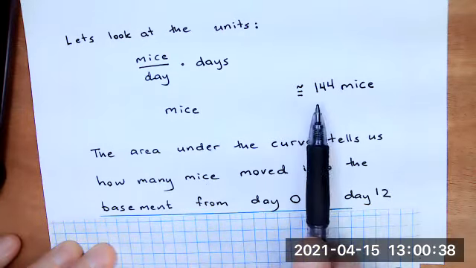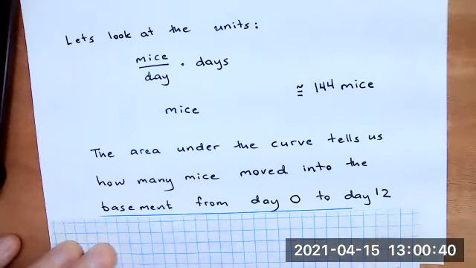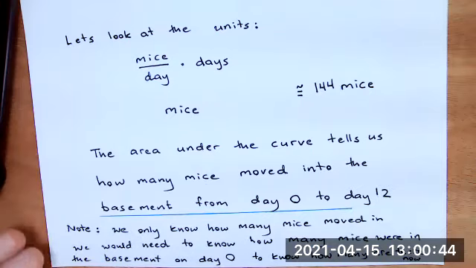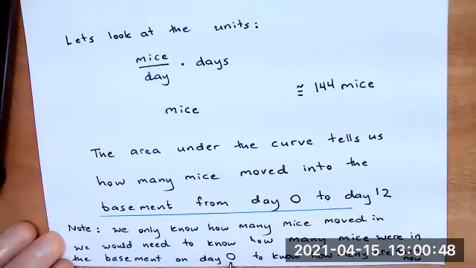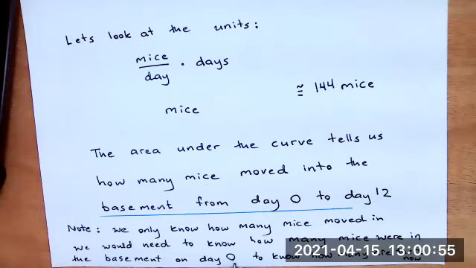This tells us how many new mice there are in the basement. So if there were already 100 mice on day 0, then on day 12, there would be 244. But we would need to be told that. You can't get that from the graph.